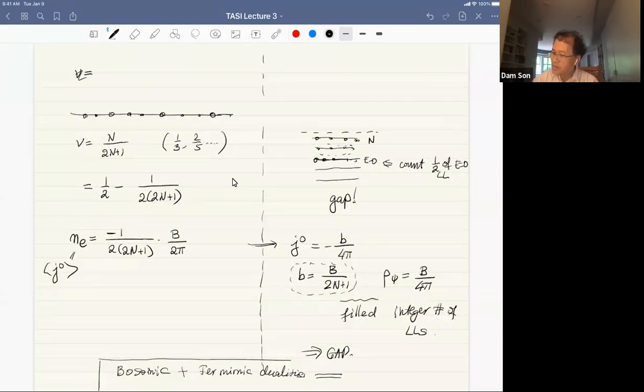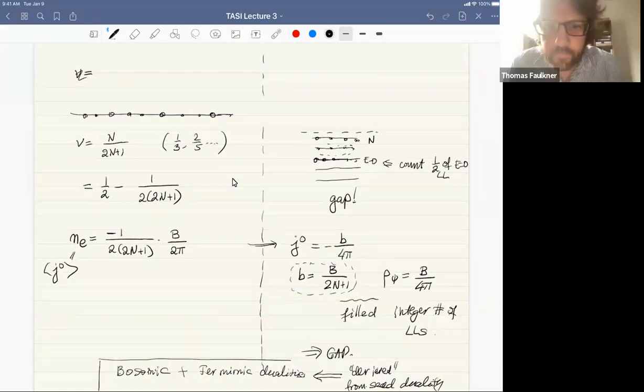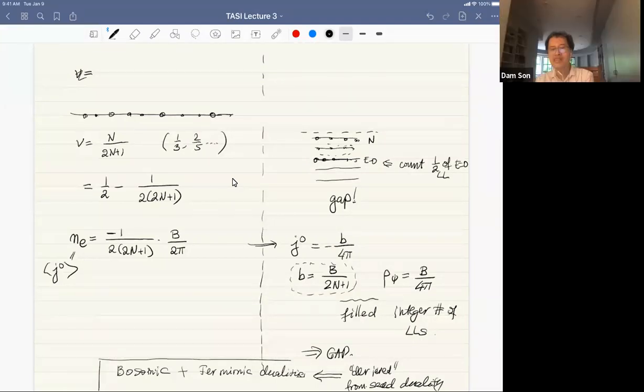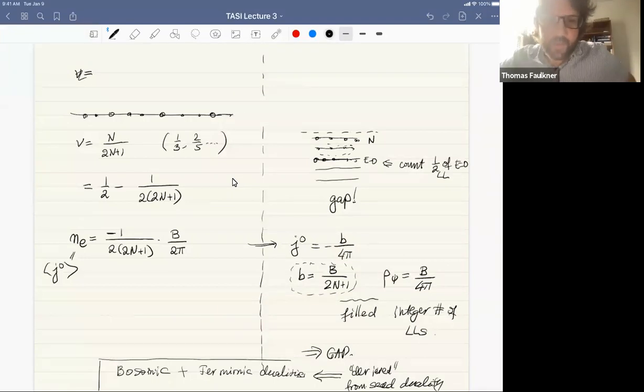They can all be derived from a certain seed duality. And that's going to be even more speculative than what you have seen so far. Okay, thanks a lot. Are there some quick questions?